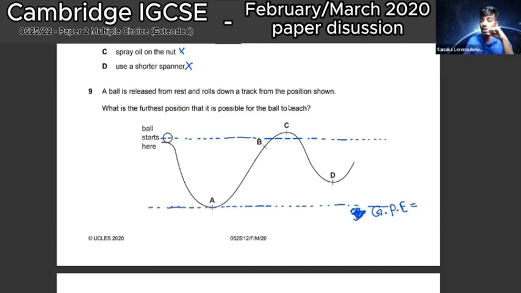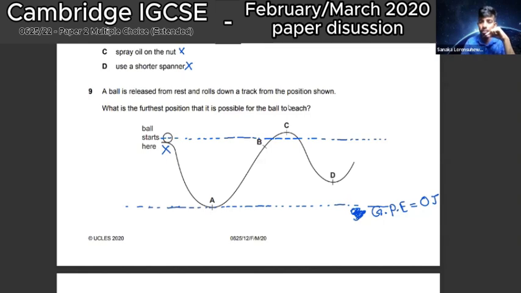On this line, the gravitational potential energy is 0 joule. Then the starting point, I call X.